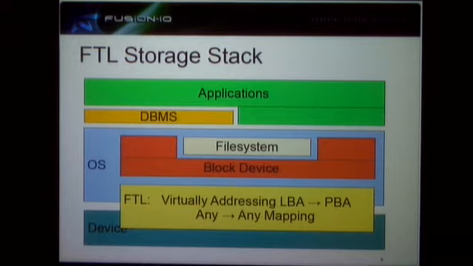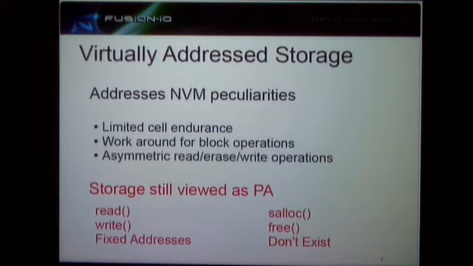As we move into the storage stack with flash translation layers, though, we've really had a fundamental shift. We're now virtually addressing between logical block addresses and physical block addresses. We have essentially an any-to-any mapping, depending on your FTL implementation, for a variety of reasons. So what are some of those reasons?